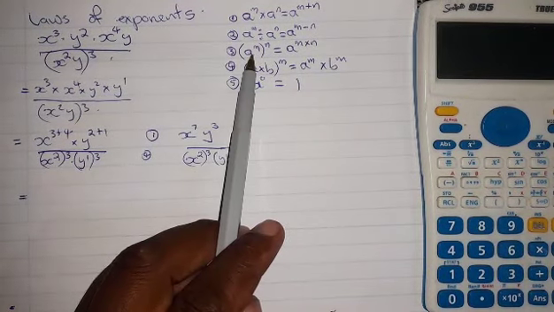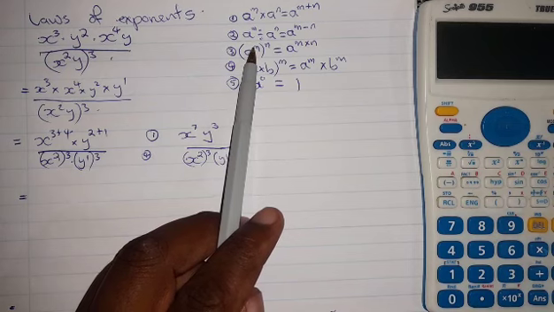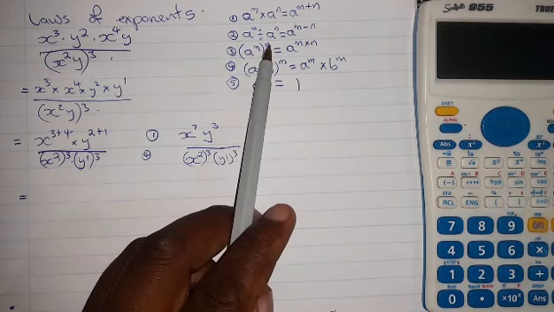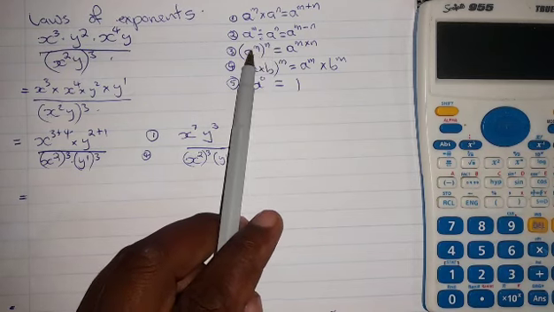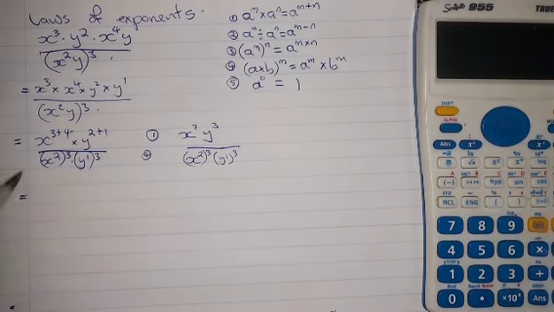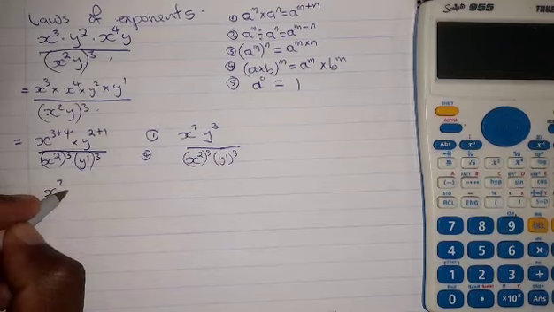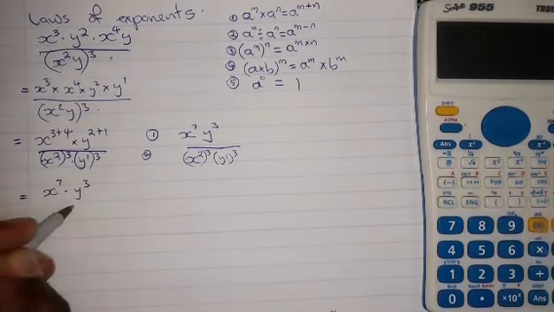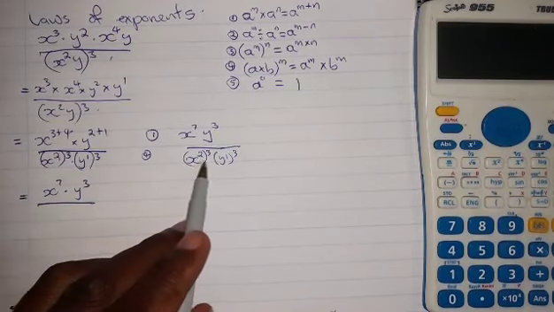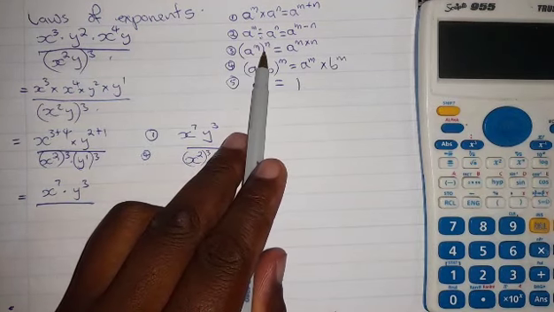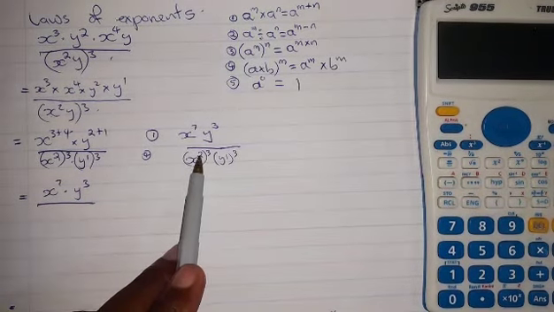We have the third law here. A to the power of m, they are all raised to n. So we use the third law here. So we come here, the numerator is x7 by y3 all over. According to the third law here, we multiply these two.